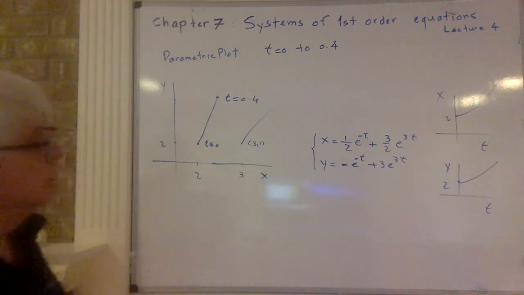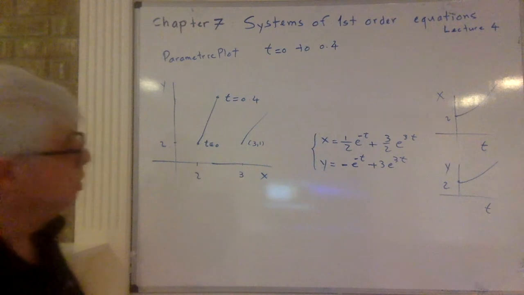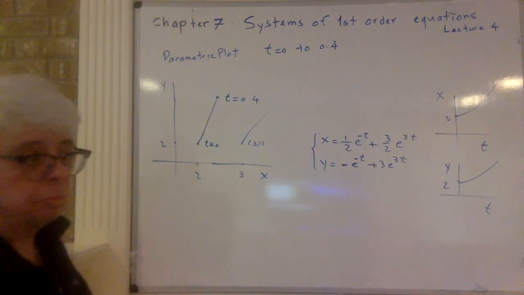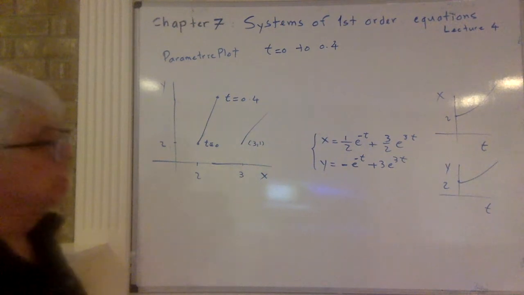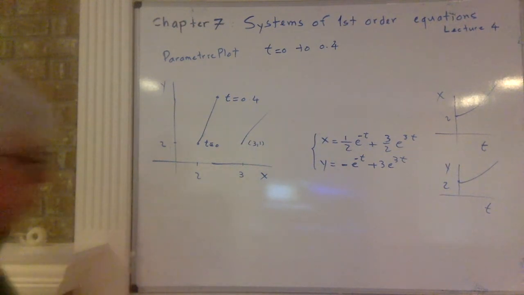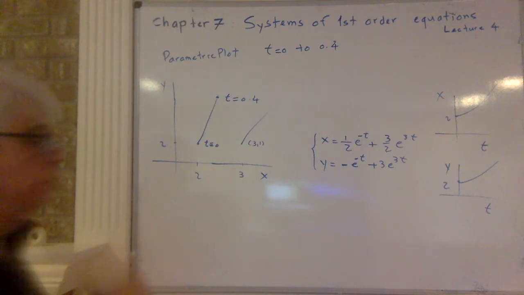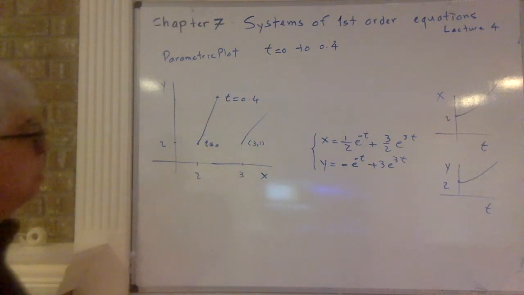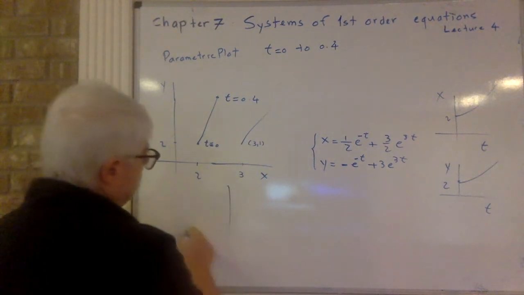So depending on where the particle starts, I will get a different motion. And if I graph many of them for different points in the plane, I will get something which gives me the feeling of flow, of something flowing.